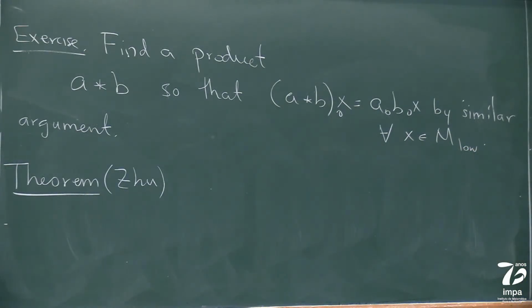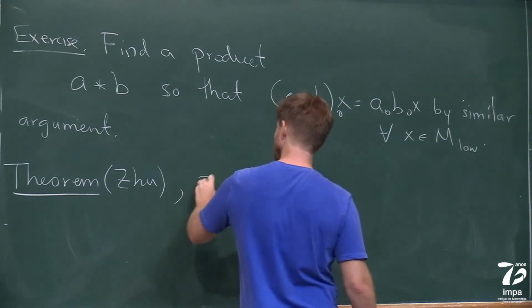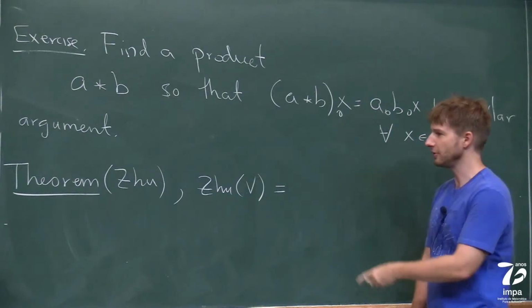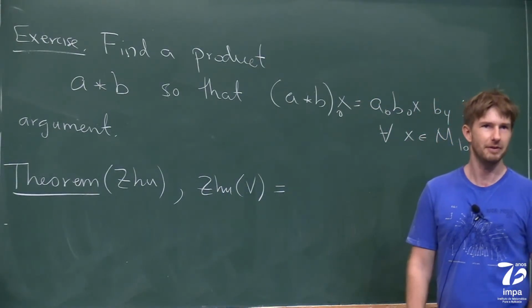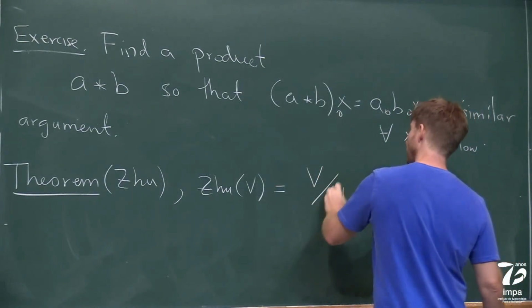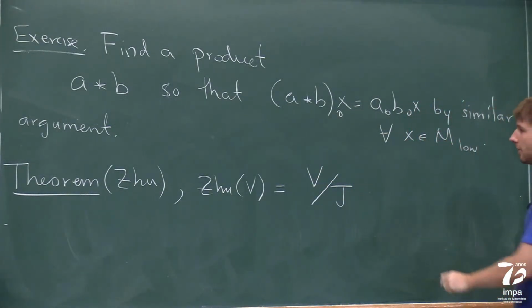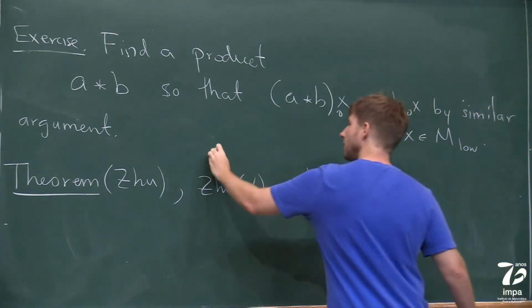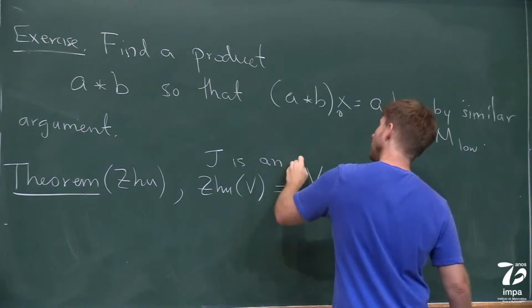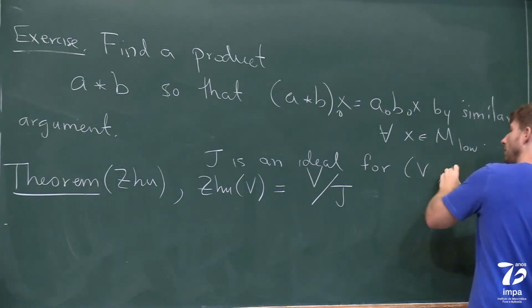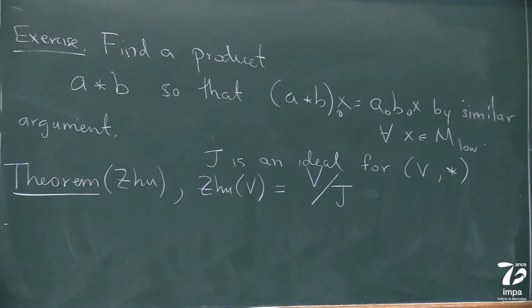So the key point is, Zhu didn't call this thing Zhu of V, he called it A of V, but now I call it Zhu of V. It is now the quotient by the subspace J. Turns out, really amazingly, J is an ideal for this funny product.